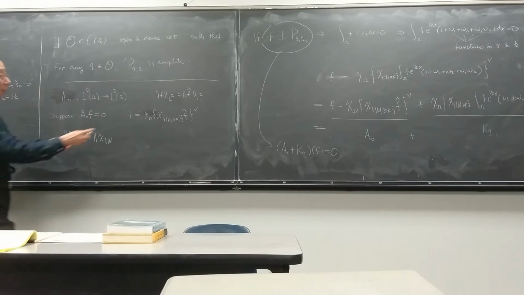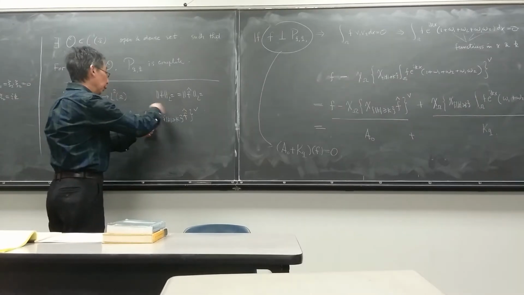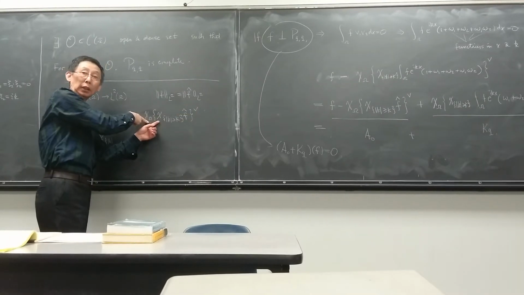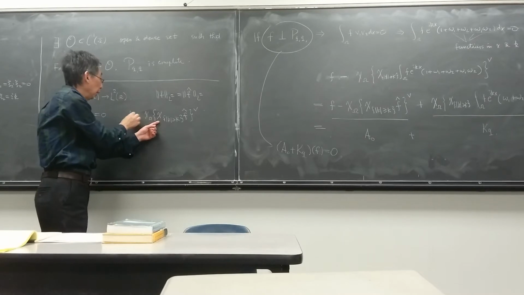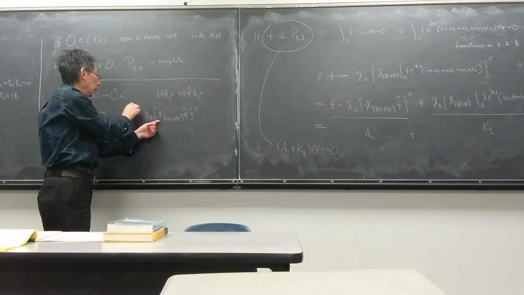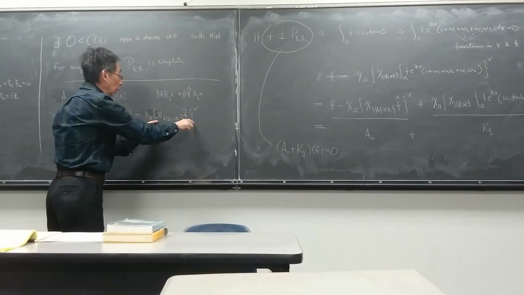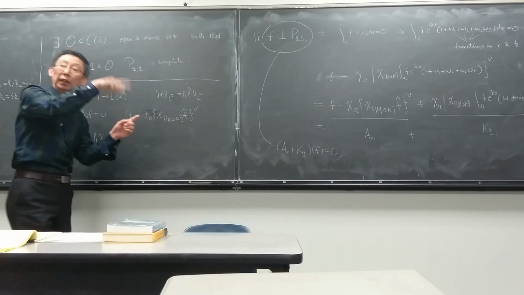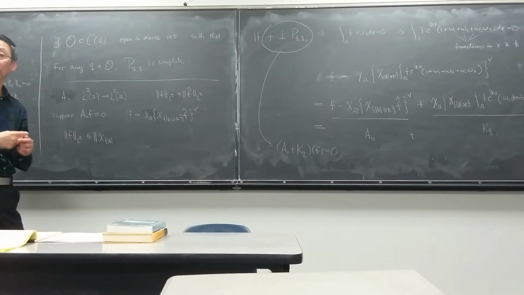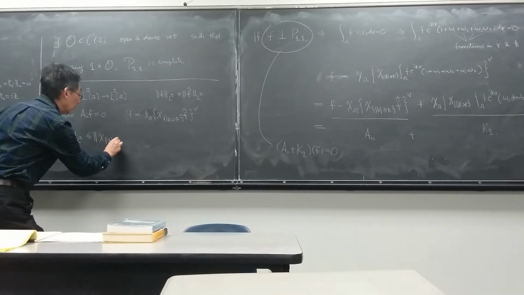Because after the inverse Fourier transform, you multiply a cutoff function to get that. So if you put the result here, this one will be less or equal than the L2 naught of this guy before taking the inverse Fourier transform.